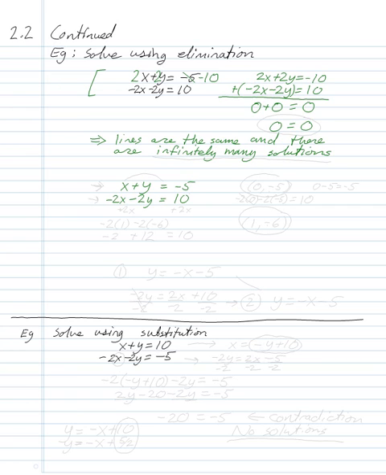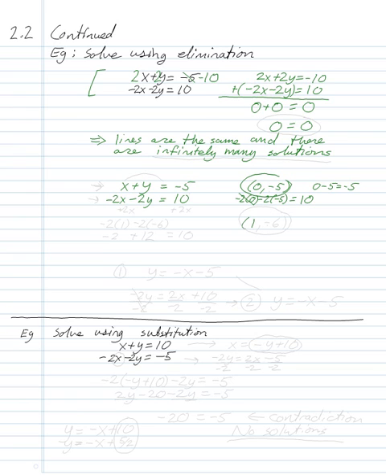So for example, if I let x be 0 and y be -5, that would be a solution to our top equation, right? 0 minus 5 equals -5. And it will be a solution to our bottom equation. So -2 times 0 minus 2 times -5. -2 times 0 vanishes, and -2 times -5 equals 10. So this is a solution.